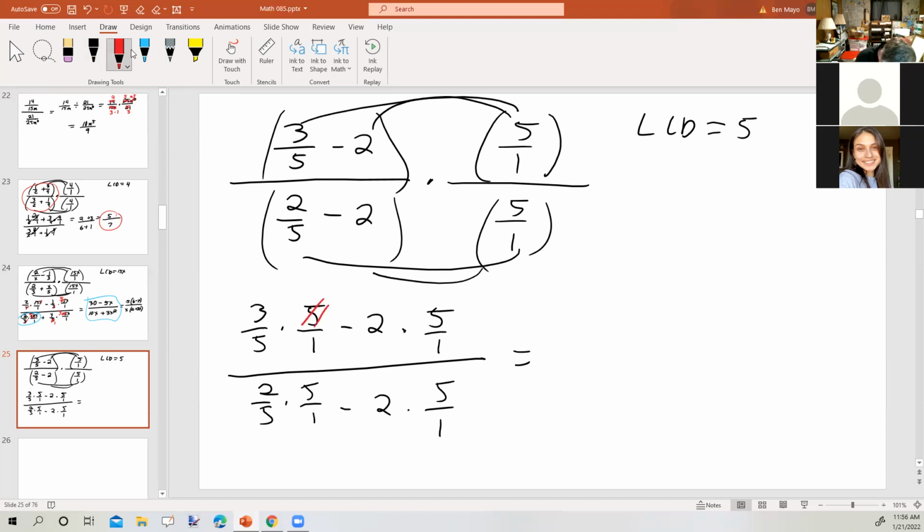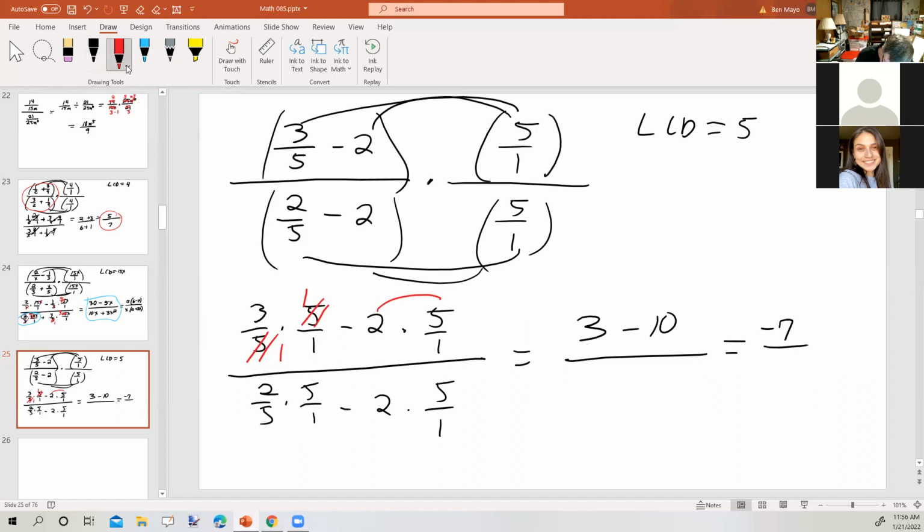Reducing down, these 5s will go. And I've got 3 over 1, which is 3. And then minus 2 times 5 would be minus, oh, not minus 6, minus 10, which is -7.